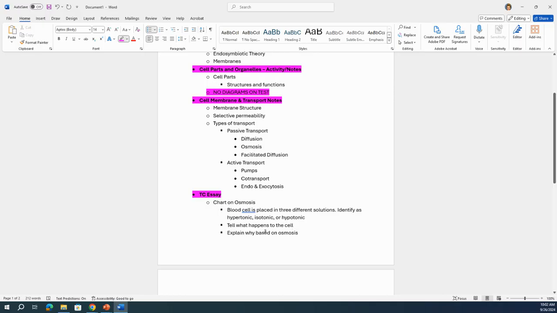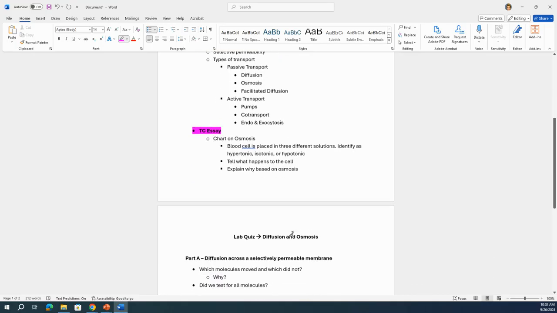And then in the third column, you need to explain why based on osmosis. So in that third column, you're going to be talking about water moving and why it's moving in a particular direction. Because it's osmosis, don't just use words like "it will." It's about water, so make sure you explain what's happening to that cell based on the water movement.